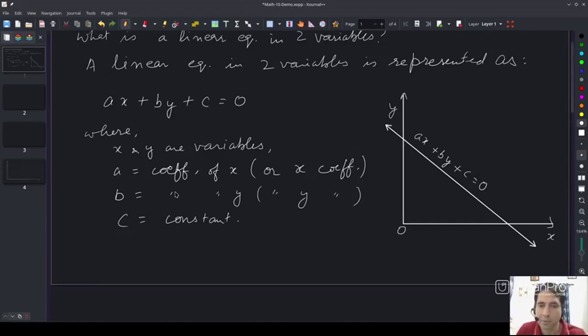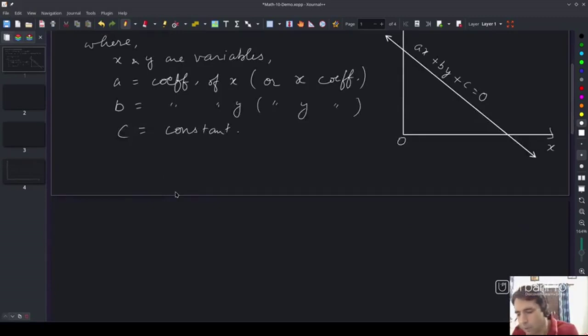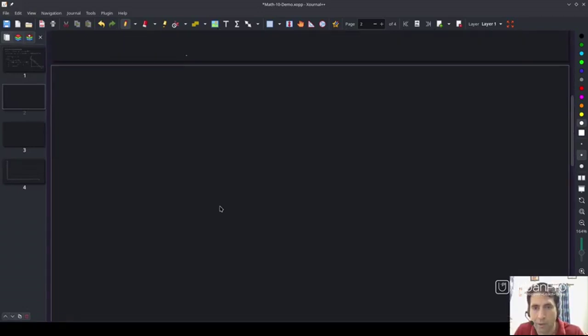When we have two equations, they are called a pair of linear equations in two variables. Now we are going to talk about a pair of linear equations in two variables.